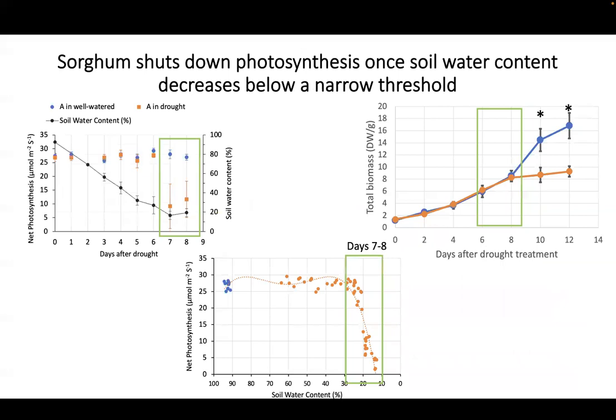And we found that in the first 6 days of drought treatment, we don't see a significant difference in the net photosynthesis rate between the well water and the drought conditions. After 7 days, when the soil water content dropped below 30%, the photosynthesis rate in the drought group dropped significantly, and the biomass production did not change until day 10.